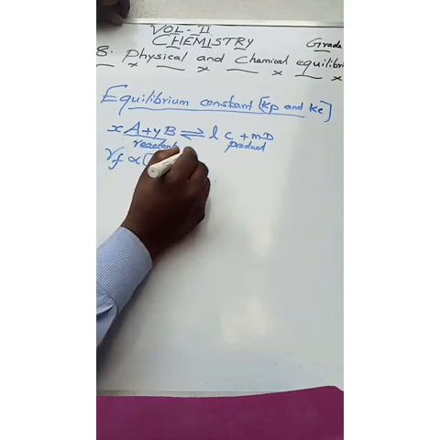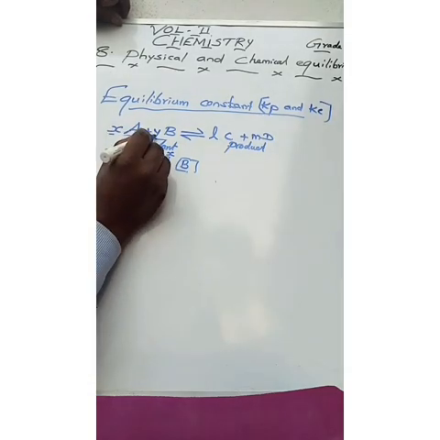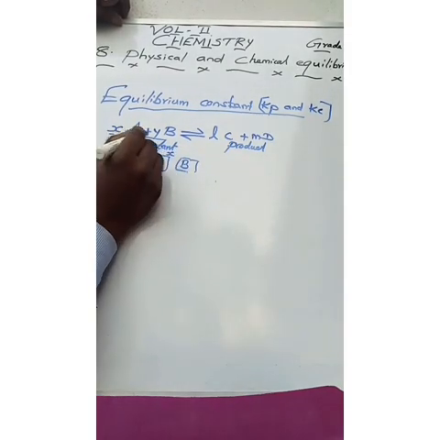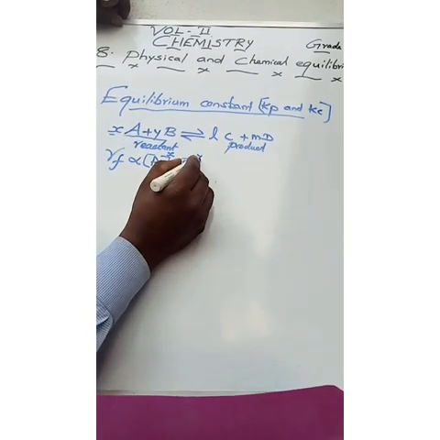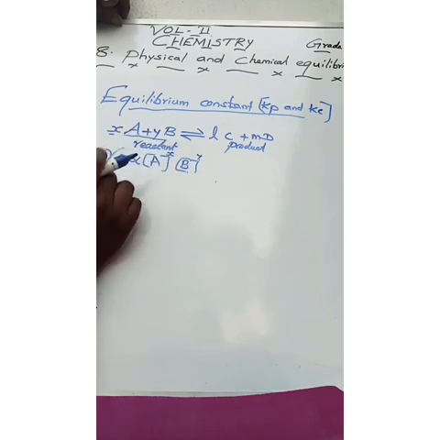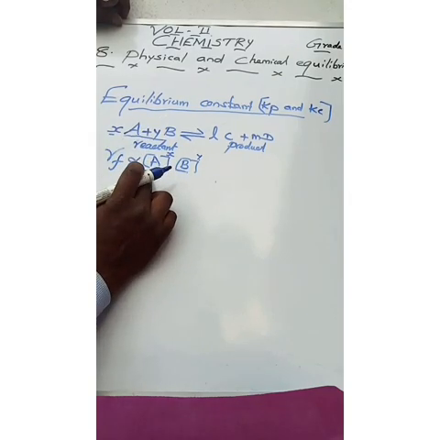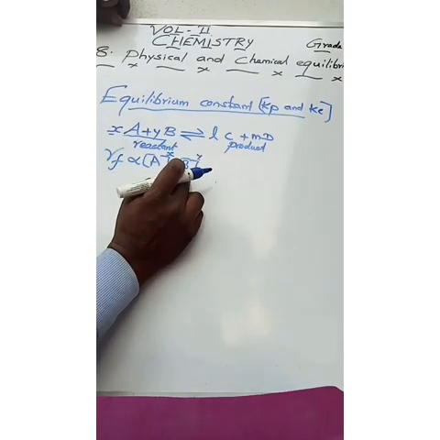In the square bracket we have to write the coefficient. Here x is the coefficient of A and y is the coefficient of B. So Rf is directly proportional to the active mass of A power x, active mass of B power y.